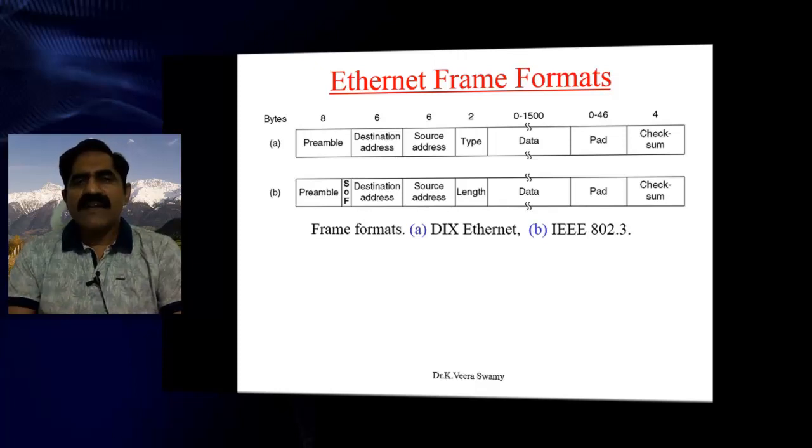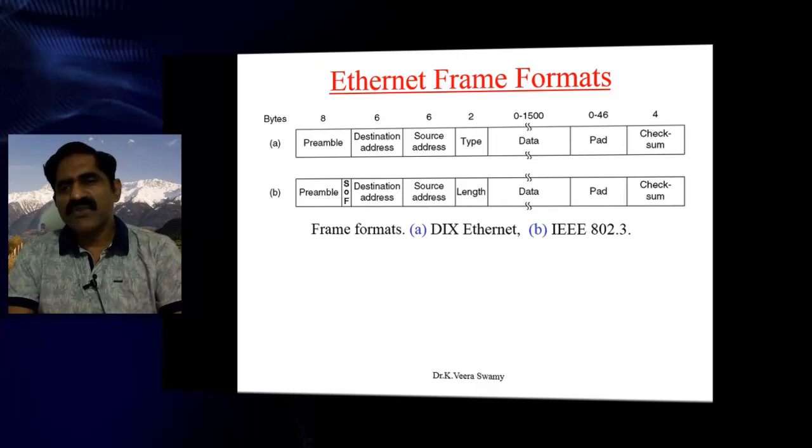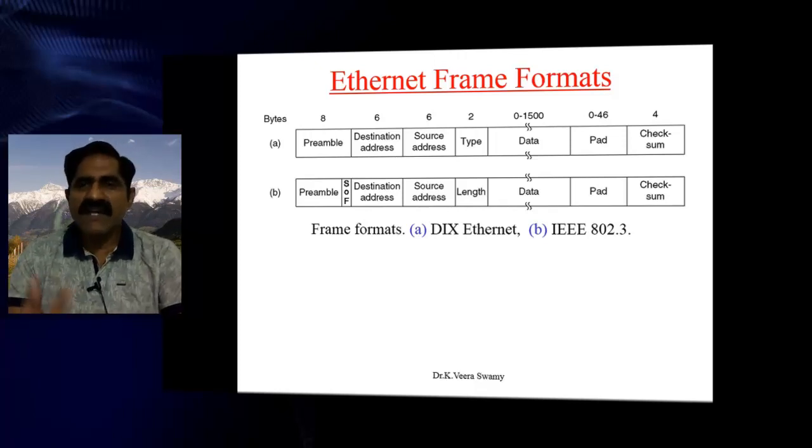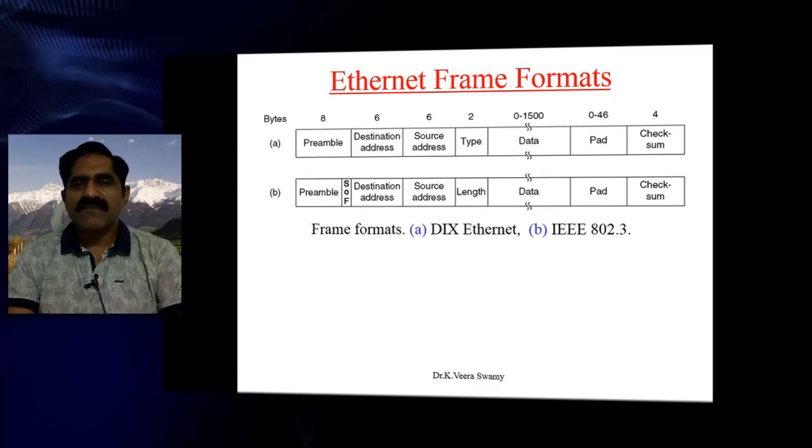You have to maintain a minimum size of the frame. Suppose data is a very low value, then you cannot meet the minimum size of the frame. That is the reason we are adding the pad, and that is the reason pad varies from 0 to 46 bytes. Suppose we have high data, suppose the maximum data of 1500 bytes is available, then there is no need of adding pad.